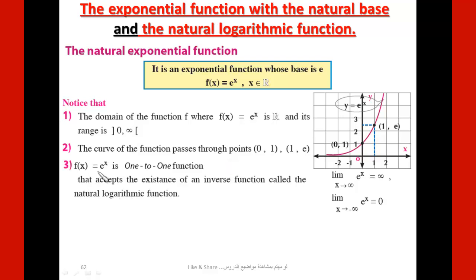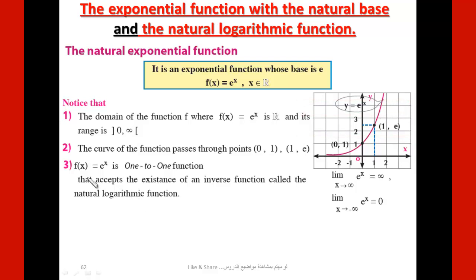F of x equals e power x is a 1-to-1 function, because when you draw a horizontal line across the graph, it will cut the curve at only one point. Any horizontal line cuts the curve at only one point.